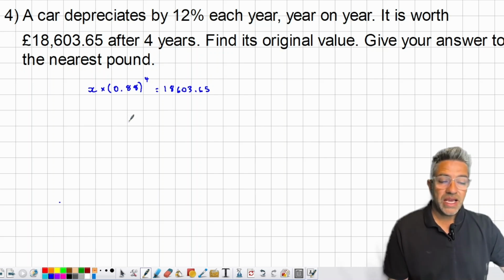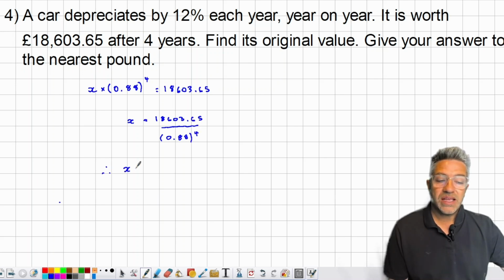You'll certainly need a calculator for this problem, but x will equal £18,603.65 divided by 0.88 to the power 4.